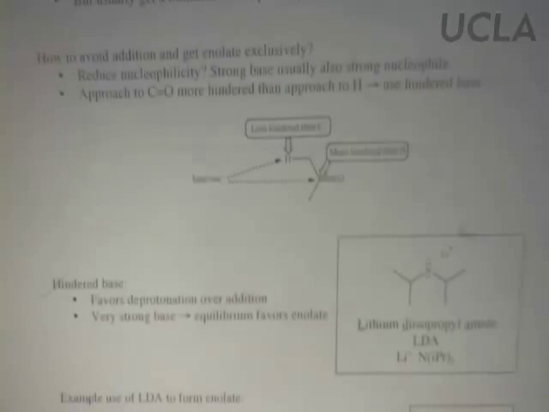Because if you think about this addition versus substitution, or addition versus deprotonation, here's a ketone. The base has a choice of taking the proton away or attacking the carbonyl. And generally speaking, these protons are less sterically hindered, easier to approach than the carbonyl carbon. Build a model, convince yourself of that.